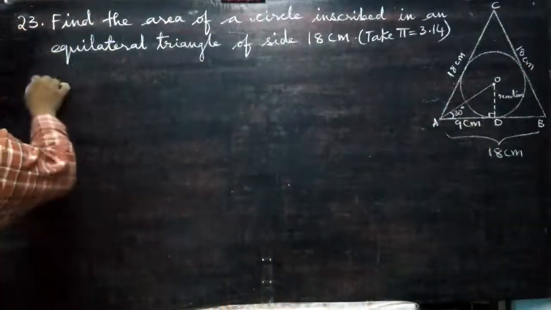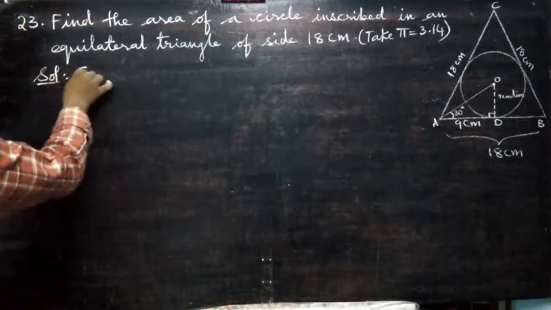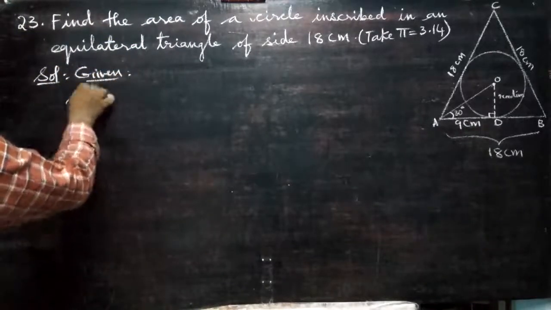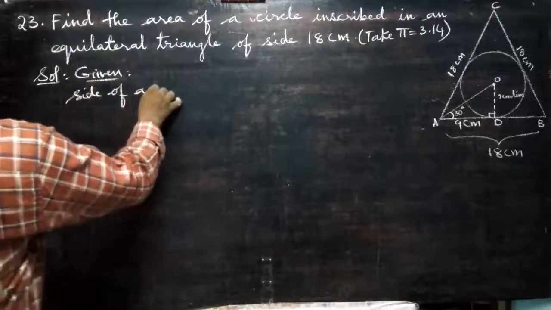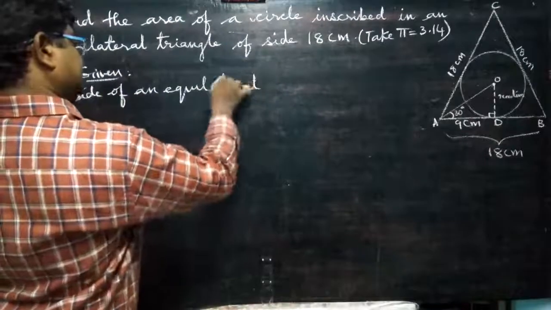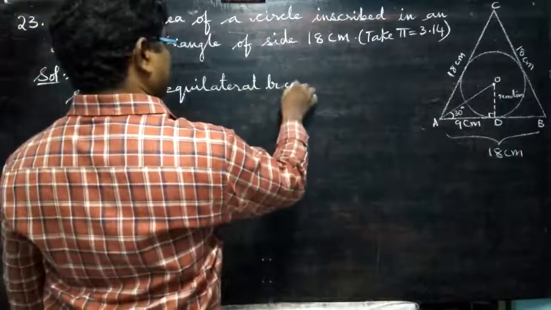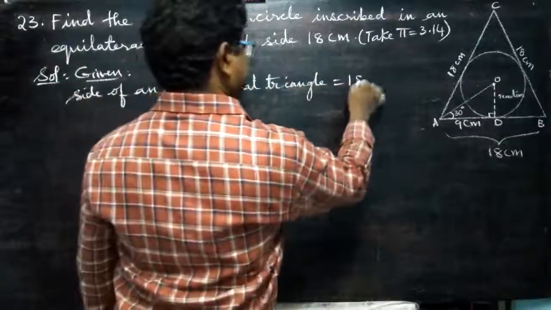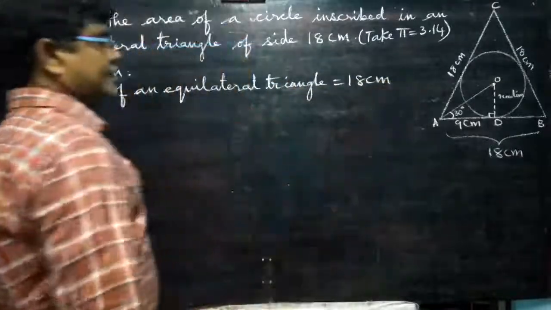So now the solution. What is given? Side of an equilateral triangle. How much have they given? 18 centimeters. Okay.